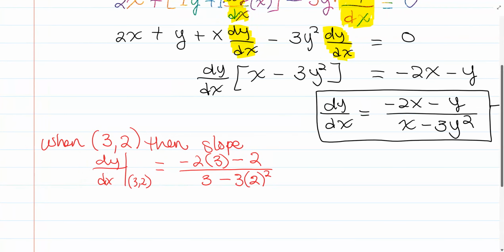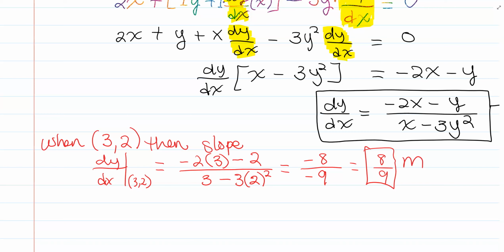So that would be negative 6 minus 2, negative 8 on the numerator. On the denominator, you have 2 squared, which is 4. 4 times 3 is 12. 3 minus 12 is negative 9. So really the slope is 8/9. That's the slope m. And the point is (3, 2).